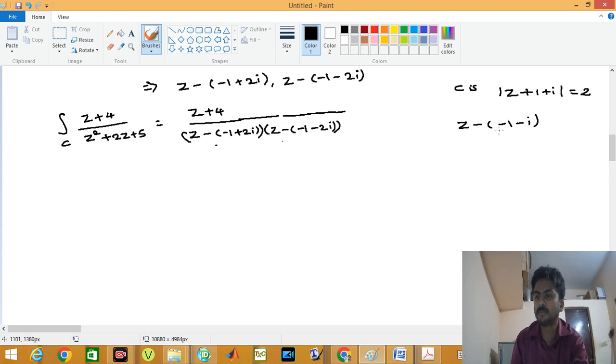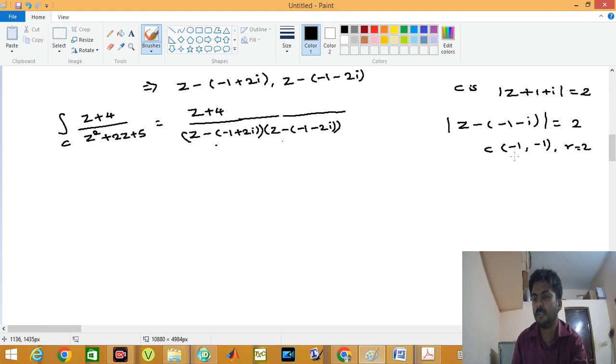Here the real part is minus 1 and the imaginary part is also minus, so x is minus 1, y is minus 1 and the radius is 2. So the center is minus 1 comma minus 1, radius equal to 2.